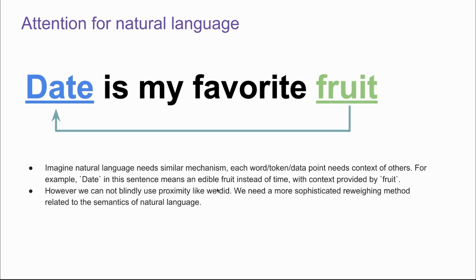However, this context is different from the previous context. In the previous example, context was basically proximity with our filtering function. But we can't use proximity like we did before. We need a more sophisticated reweighing method, and it needs to have semantic meaning.